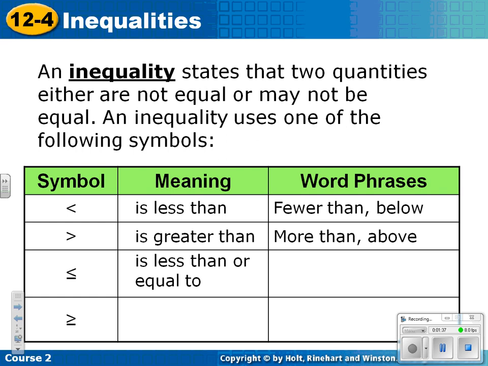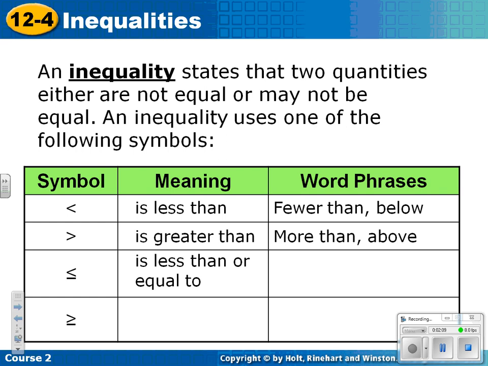And what that means is, if I made this statement, there were less than or equal to 15 sixth graders on the bus, that means there could have been 1, 2, 3, 4, 5, 6, 7, 8, 9, 10, 11, 12, 13, 14, or 15 sixth graders on the bus.